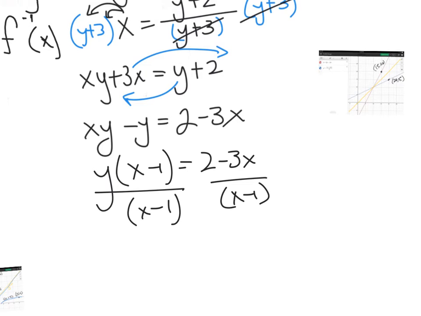So we factored out y, and we have y times one thing that we can then divide by, and voila. y ends up being all by itself. That's cool. (2 minus 3x) over (x minus 1).